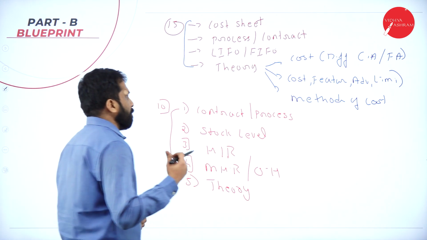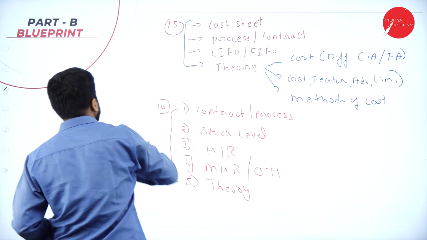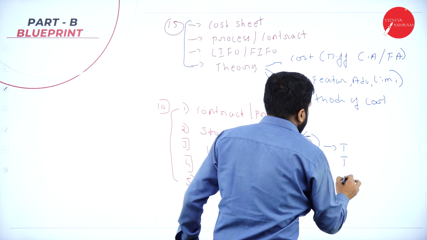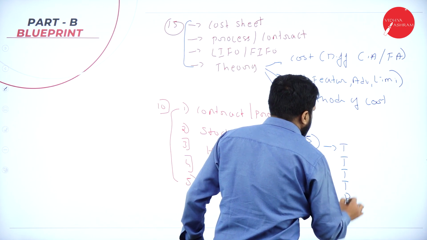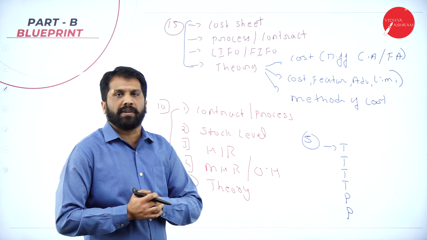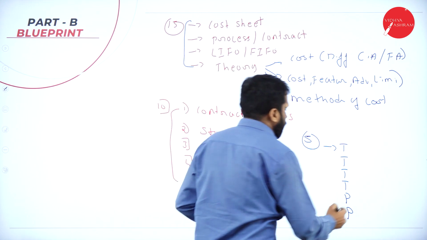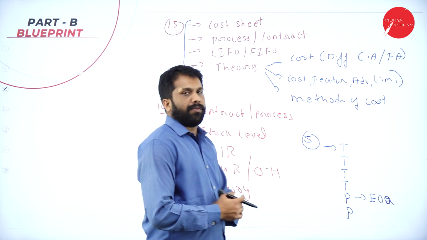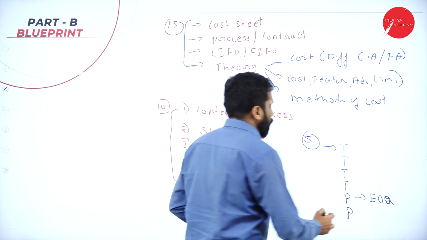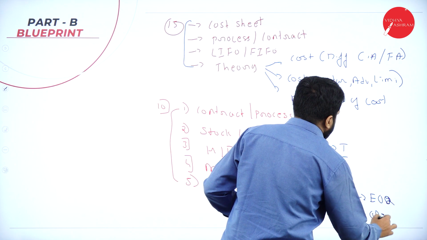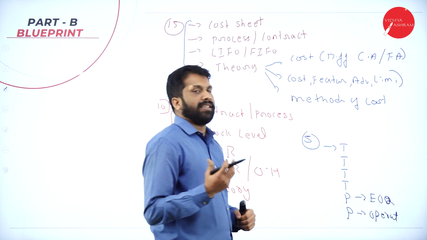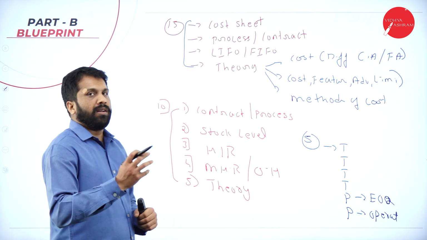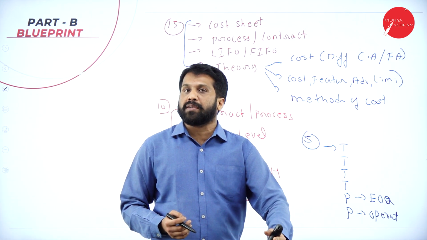What about 5 mark? Your 5 mark, we can go for theory, problem and problem. So what kind of problem you may get? One problem is a pakka or compulsory one, EOQ, economic order quantity. One more question on operating. Operating in the sense, the easiest one. Like you will get number of buses, into number of passengers, number of kilometers.